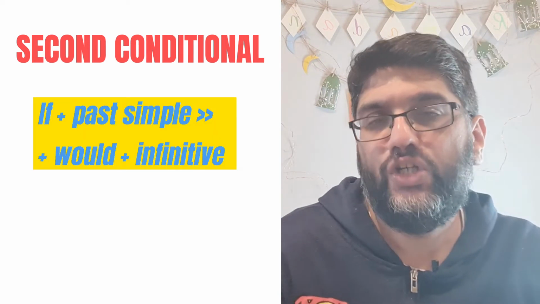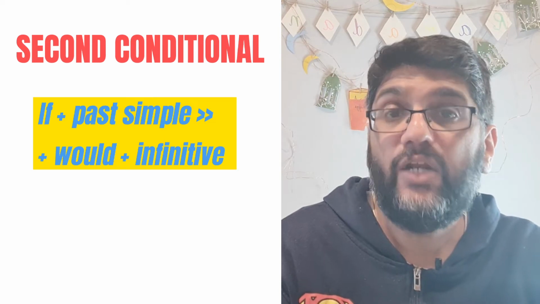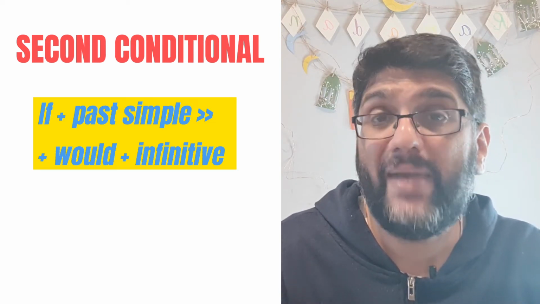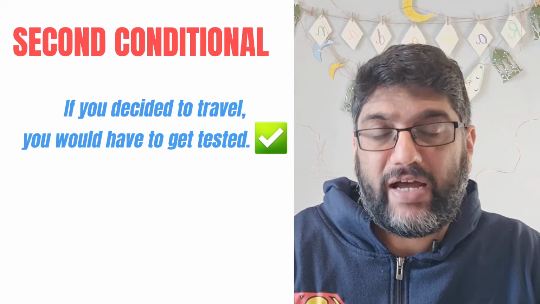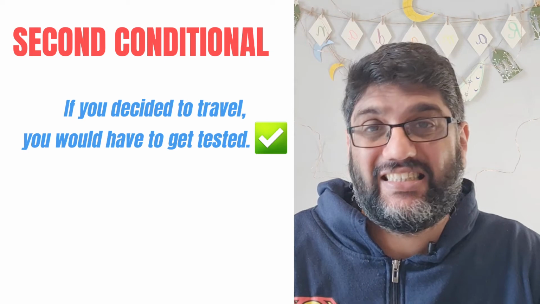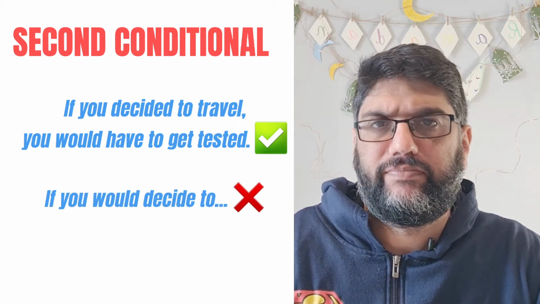The structure is usually if plus the past simple, then would plus infinitive in the main clause. Be careful, we use would in the main clause, not in the conditional clause. So for example, if you decided to travel, you would have to get tested. Not if you would decide to travel.